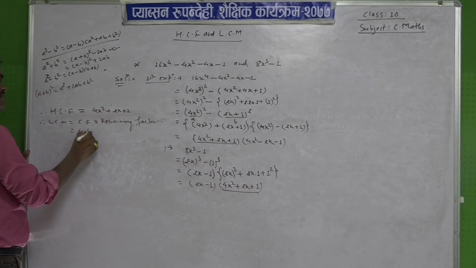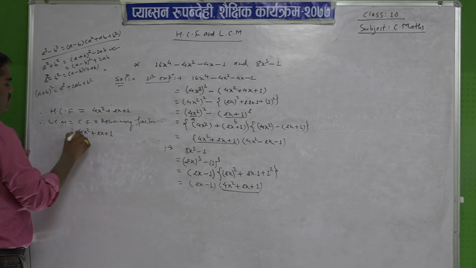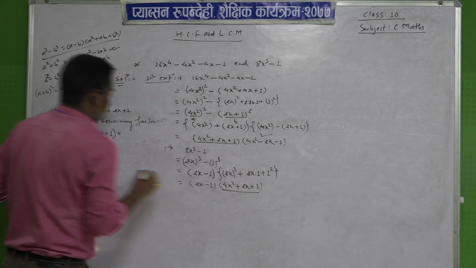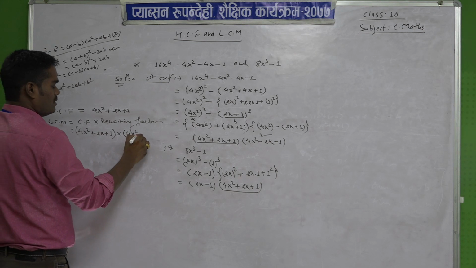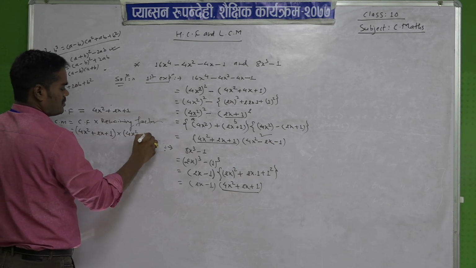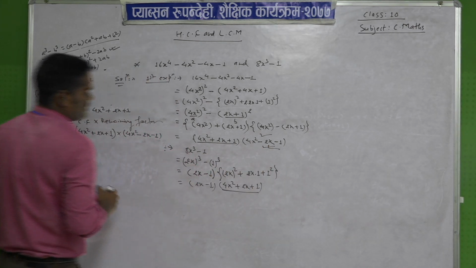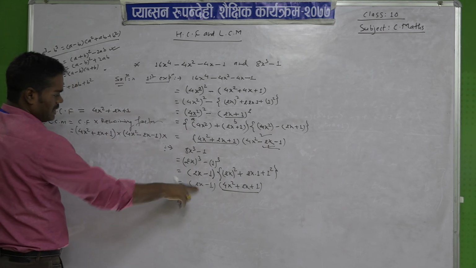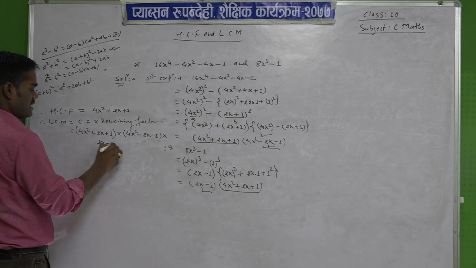So, 4x square plus 2x plus 1 into the remaining factor, right here 4x square minus 2x minus 1, and into the remaining factor 2x minus 1.